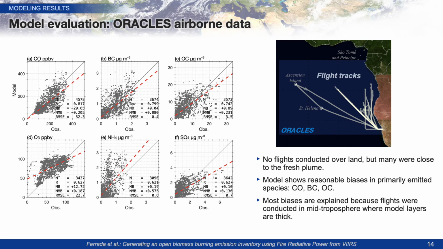However, we acknowledge that this is more difficult to prove. It's important to note that most of these flights were conducted at altitudes between 4 and 8 kilometers, where the model has thick layers that can also introduce errors when extracting the data at such altitudes.